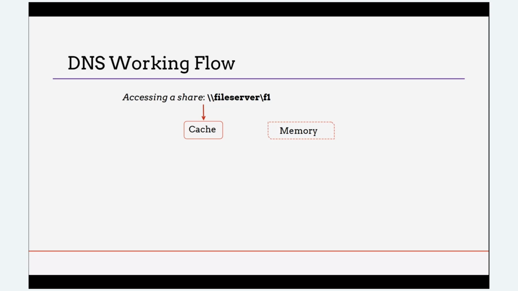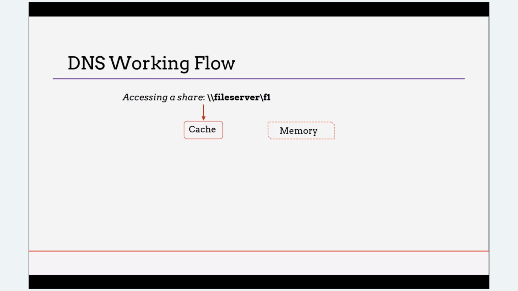So first it checks the DNS cache, and if the data is available there, it will quickly take the IP address and search for it. You can actually see this. Take this as a quick tip: you can open CMD and run ipconfig /displaydns, and it will display all the DNS names that are available in your cache.